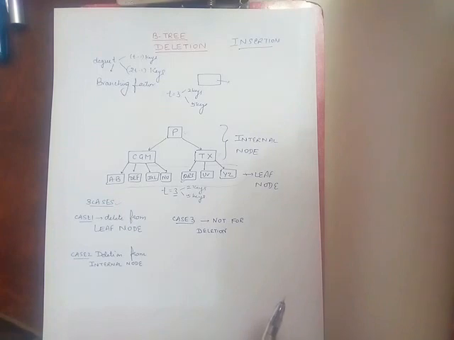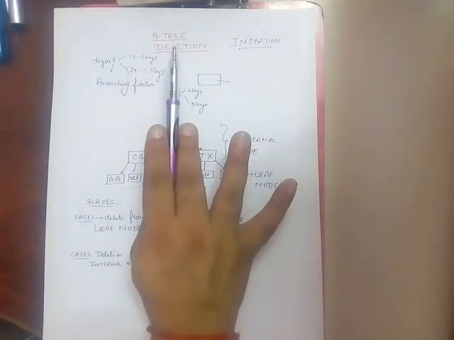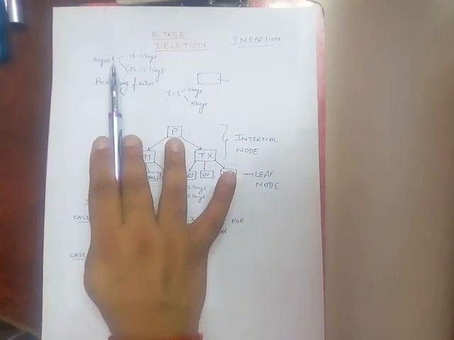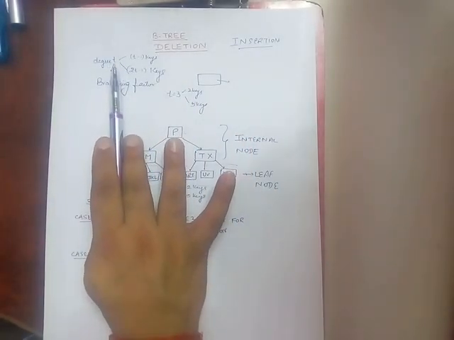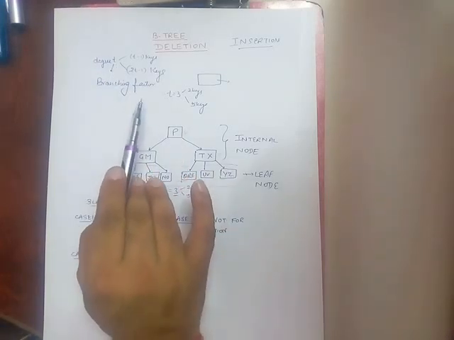understand a few fundamental concepts. As we know, when we consider a B tree, the degree of the given tree is denoted by T, which is also known as the branching factor.